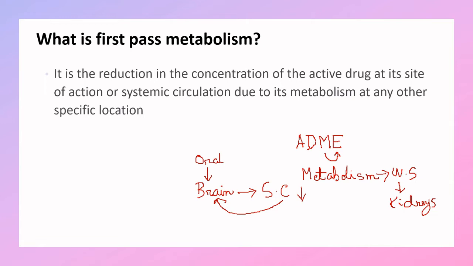So if there is metabolism of the drug prior to being absorbed into the systemic circulation, then obviously the amount of active drug that will ultimately reach the systemic circulation will be low. It is also known as pre-systemic metabolism. Why pre-systemic? Because it is occurring before the drug has been absorbed into the systemic circulation.